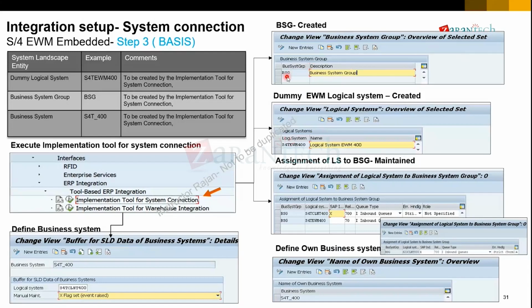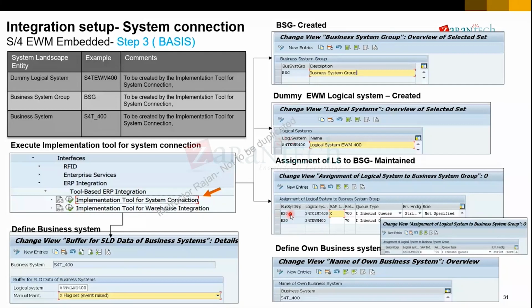So there is a business system group getting created, and we talked about the logical system. Even if it's an embedded EWM, we need to create a dummy logical system. The dummy logical system is required, and if it's a decentral WM, we need to maintain both the records and put them in a group.